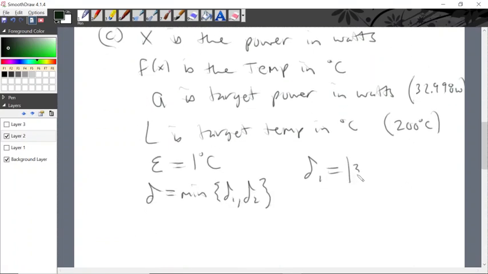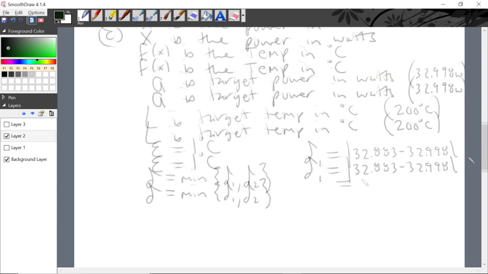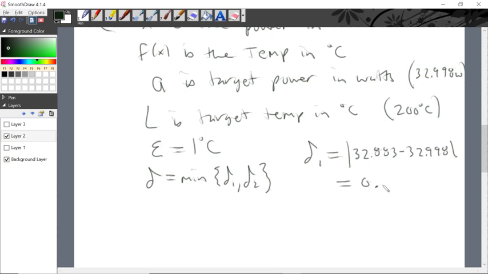It's the absolute value of 32.883 minus 32.998, the absolute value of x minus a. And so that gives us 0.115.